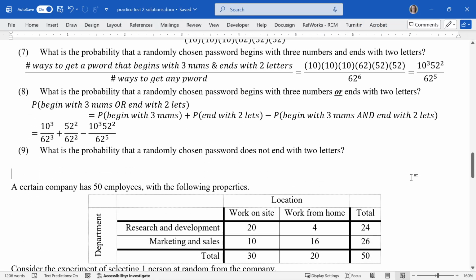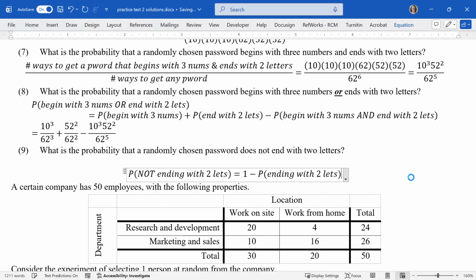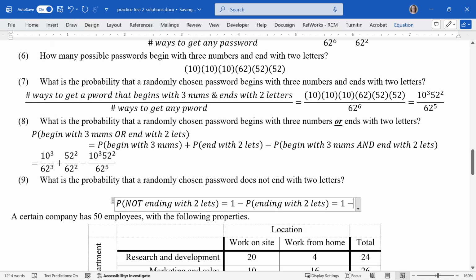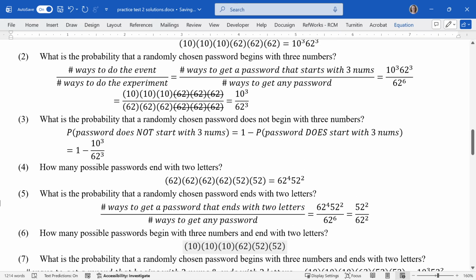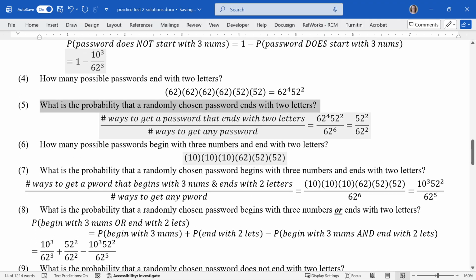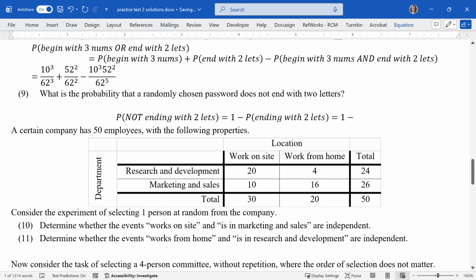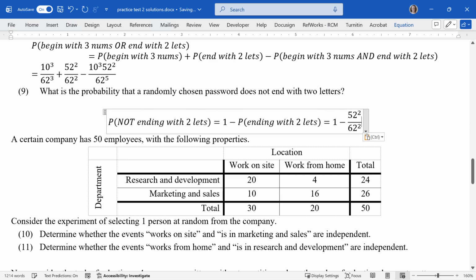That's 100%. Okay, so probability not ending with 2 letters is 1 minus probability of ending with 2 letters. So we're going to do 1 minus, and then we're going to grab that answer from wherever it was. Probability, I think it's this one. Yep. Okay, and there it is. All right, so that's it for that section.